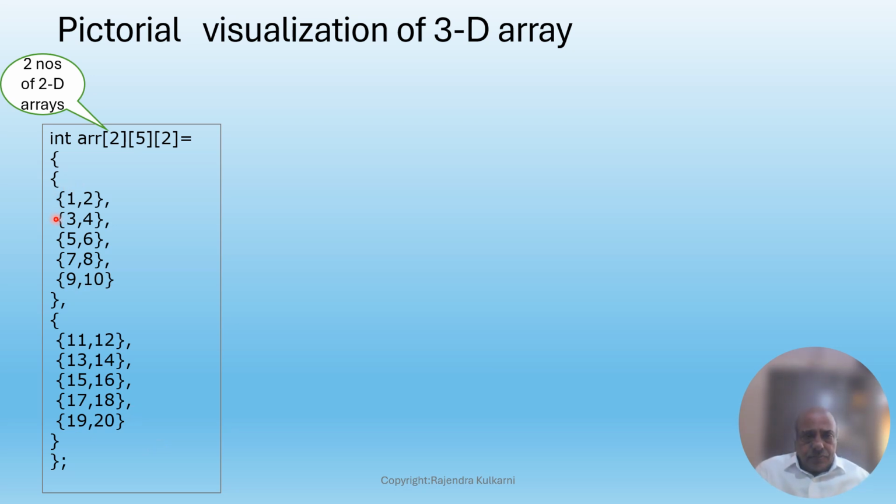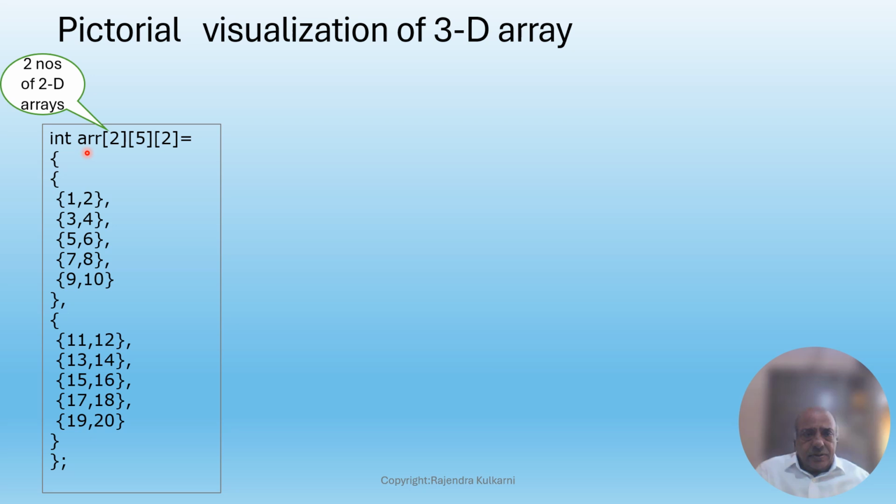So the element number 0 of this 3D array is a 2D array consisting of 5 1D arrays, and each 1D array has 2 elements, and we are initializing this 3D array with int constants.